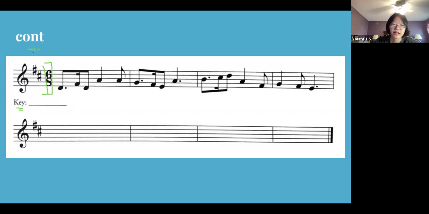E major actually has four sharps, so nope. So four sharps is E major. F major? Nope, because F major actually has one flat.